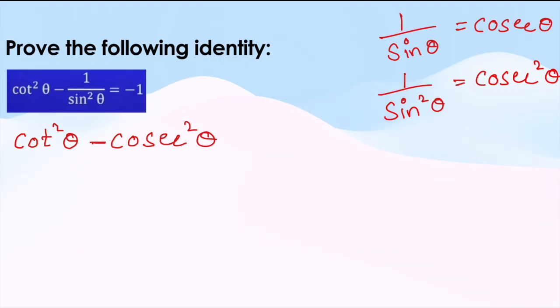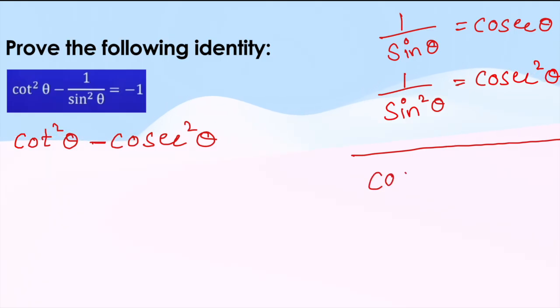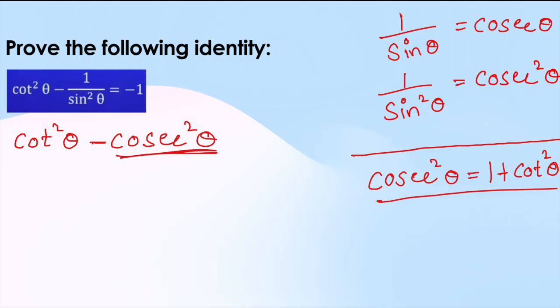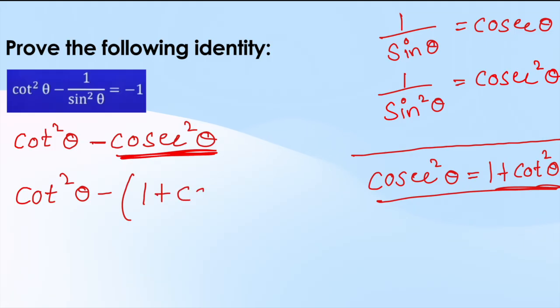Now cot and cosec have something in common, and that is cosec square theta is 1 plus cot square theta. So in place of cosec square theta, I can put the value 1 plus cot square theta. So it will become cot square theta minus 1 plus cot square theta.